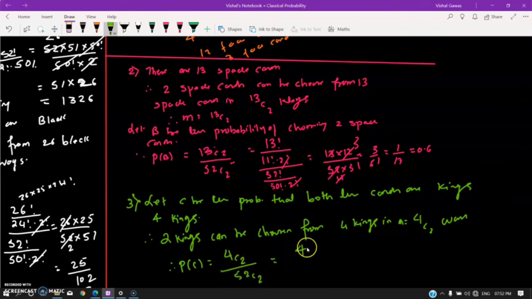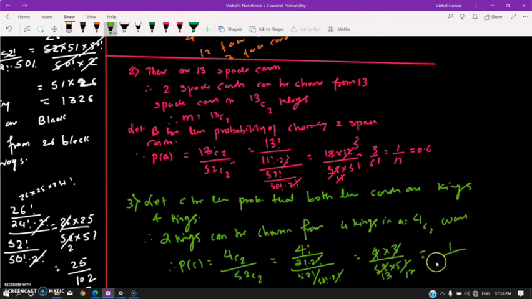This would be 4 factorial upon 2 factorial into 2 factorial, over 52 factorial over 50 factorial into 2 factorial. This gets cancelled. This will be 4 into 3 over 52 into 51.